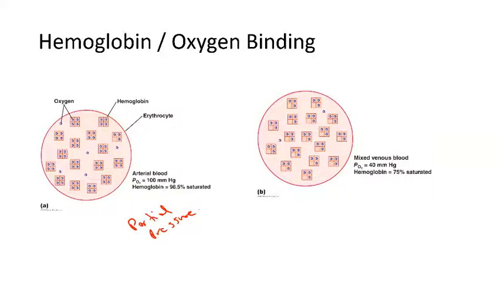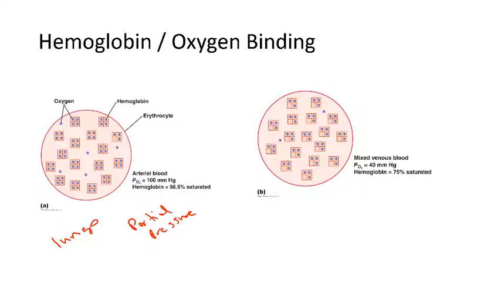It's almost fully saturated. The drawing shows that we have a few molecules of oxygen kind of dissolved in the plasma. We don't dissolve a lot, and most of it is attached, and only one little spot on the hemoglobin in that erythrocyte is open. So this would be in the lungs. This is what happens in the lungs.